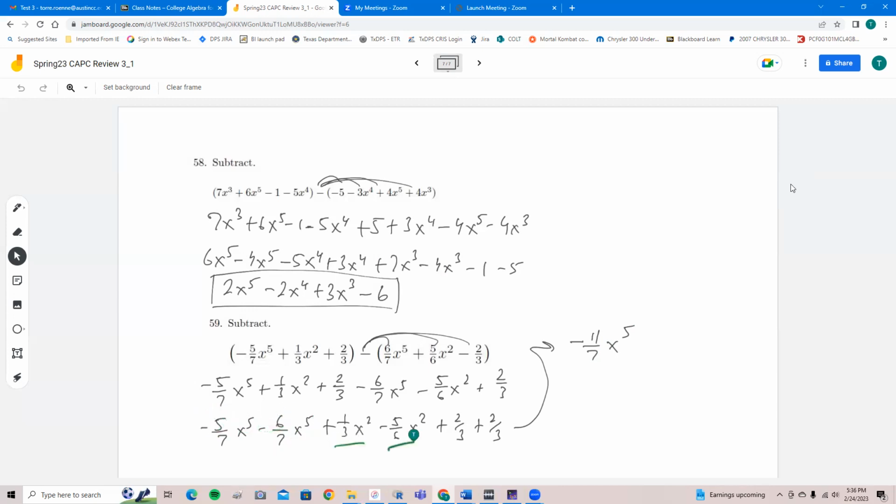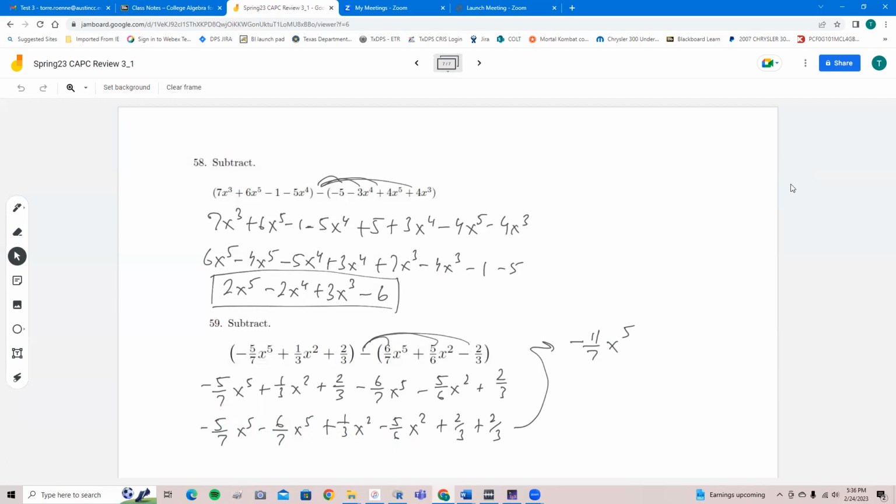Okay, 1/3 and minus 5/6. Well, I can't add those. I can't subtract those just yet. I have to have common denominators. Looks like 6 will be the best candidate. So I multiply this by 2 over 2. In other words, 1/3 is how many sixths? 1/3 is 2 sixths.